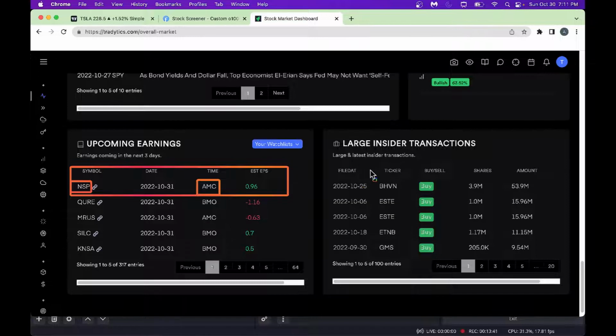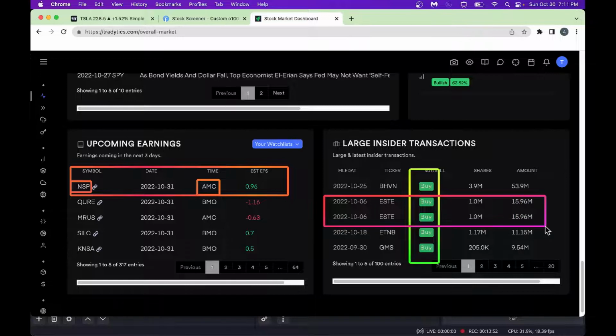And you've got a few more insider trades going on here. Insiders are buying, as you can see here. You've got Biohaven and so on and so forth. Look at ESTE, it looks like there's a lot, 2 million shares. And look at the amount. A nice chunk of money is being used to buy ESTE stock. You can look at this here and play along with it.